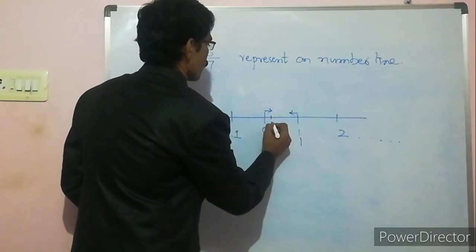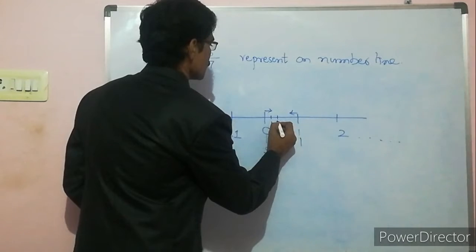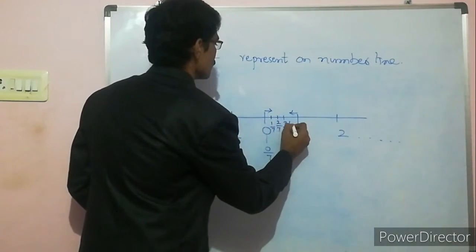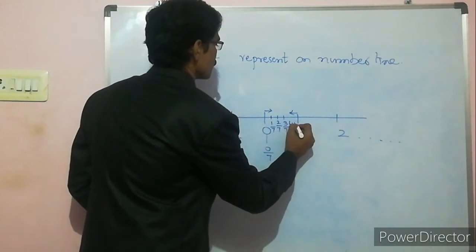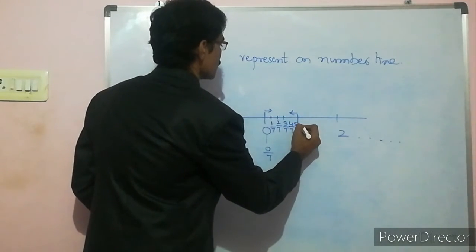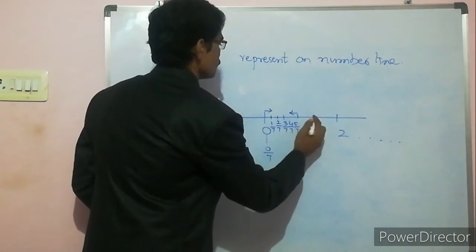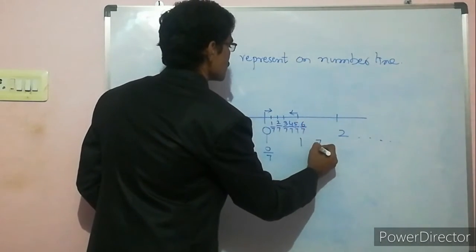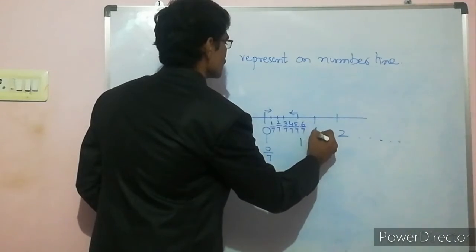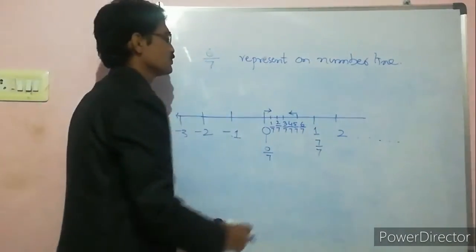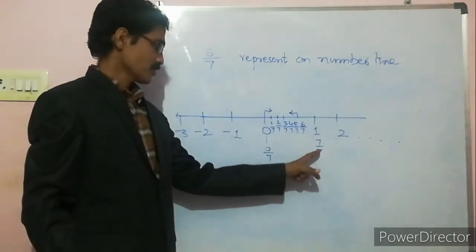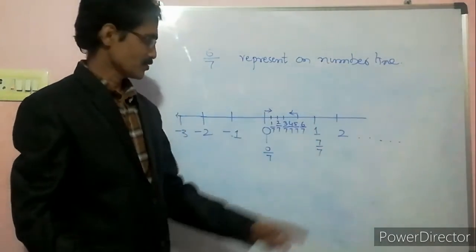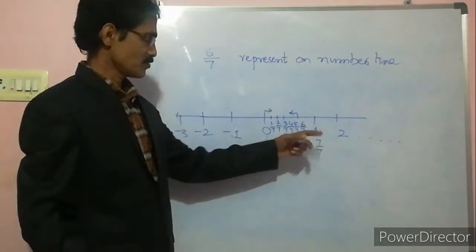1 by 7, 2 by 7, 3 by 7, 4 by 7, 5 by 7, 6 by 7, and the last is 7 by 7, that is equal to 1. When you get 7 by 7, that value is equal to 1, because if you cancel 7 by 7, you will get 1.